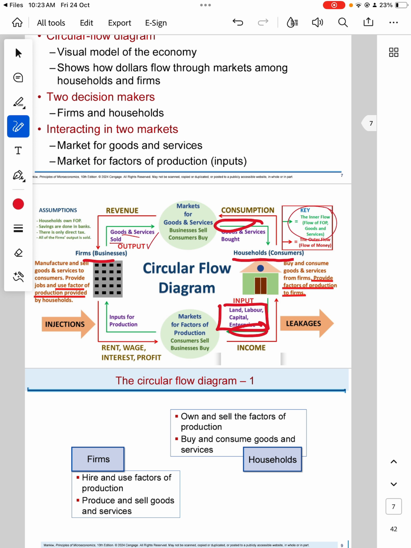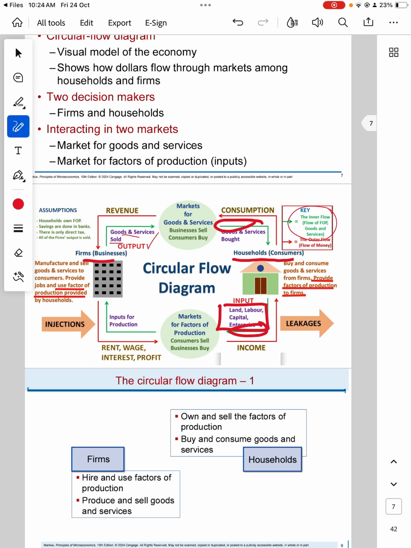Okay, next. After the inner flow, the outside arrow explains to us about income and revenue. It also explains about consumption, how much is consumed. This starts the flow with the firm.